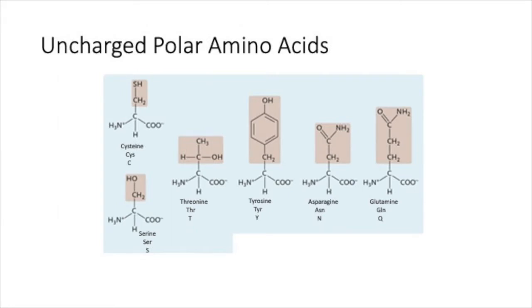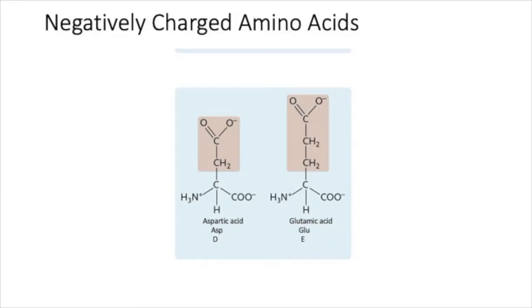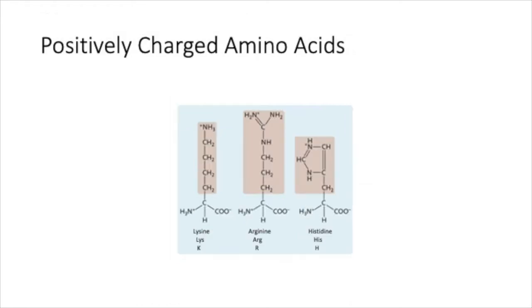I don't expect you to learn all these, but you should probably know that they exist and what they are. Negatively charged amino acids are aspartic acid and glutamic acid. Positively charged amino acids are lysine, arginine, and histidine.